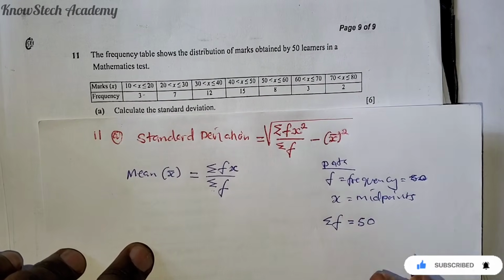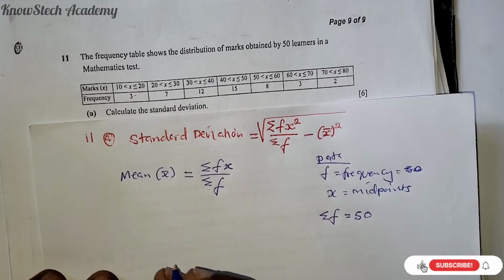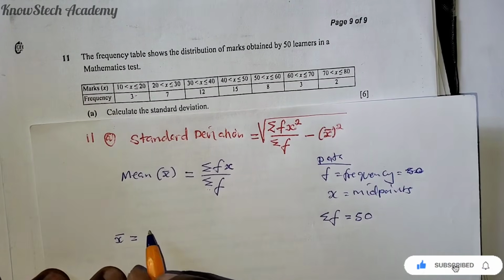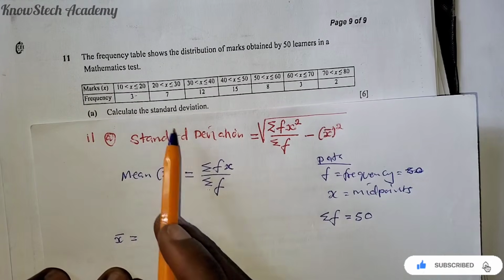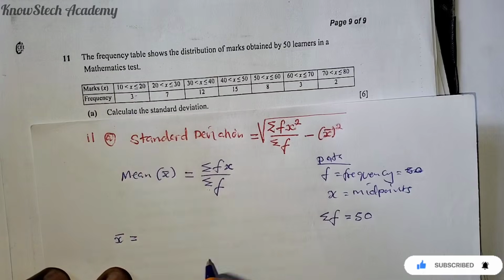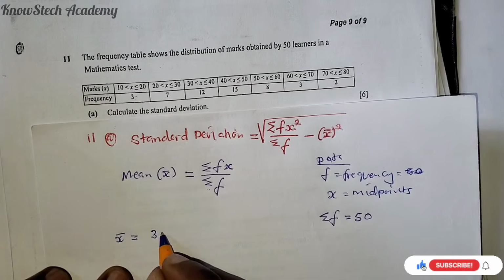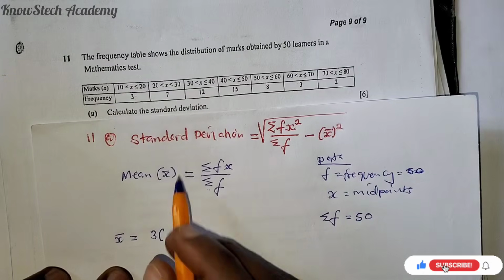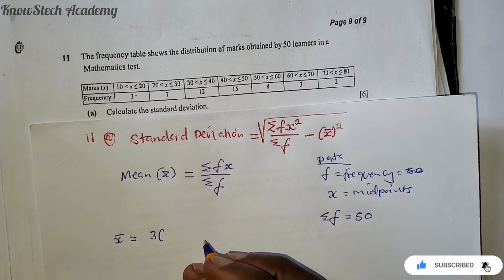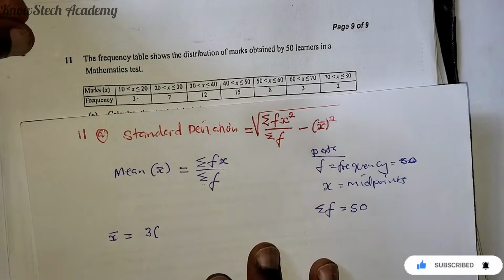Using this formula, we're going to say x bar is equal to the mean. The frequency here, which is f, is 3 multiplied by the midpoint. I usually tell students to write like this so that you don't make mistakes.